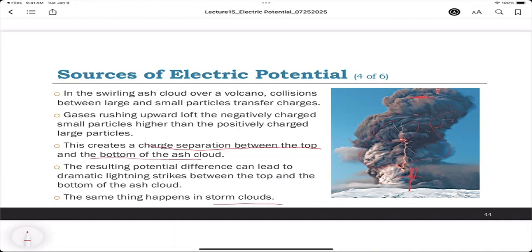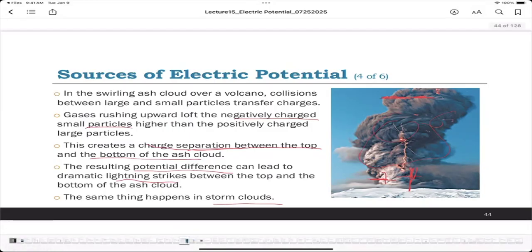It's a similar thing: the negatively charged small particles go higher, and the positively charged large particles stay lower, creating a charge separation and a potential difference. Then the lightning strikes happen. Does that make sense to you?